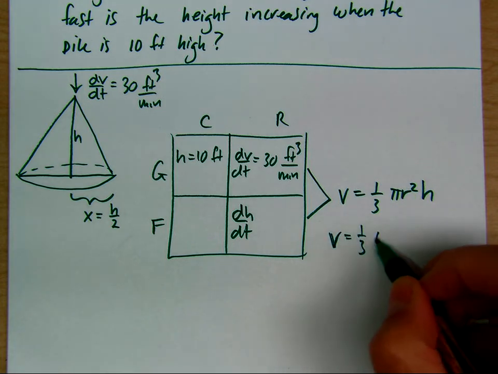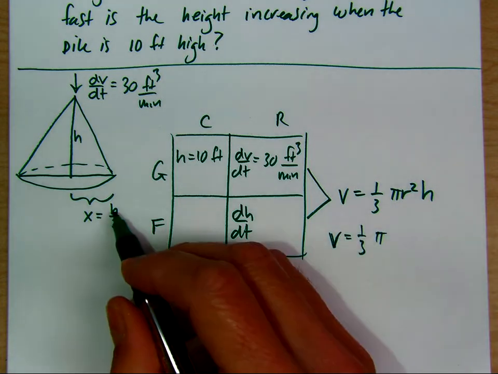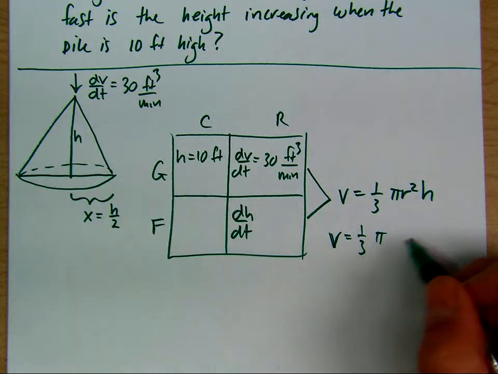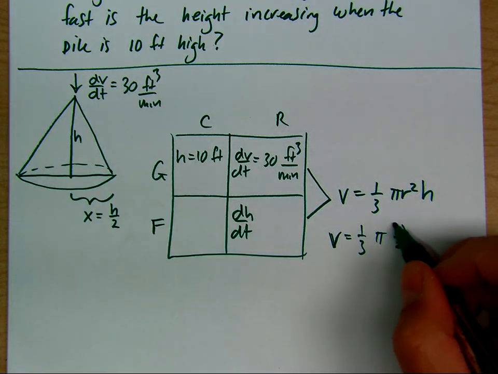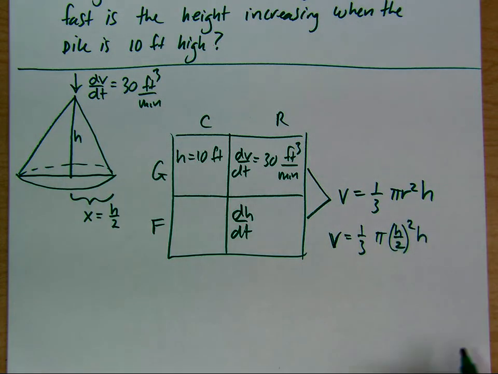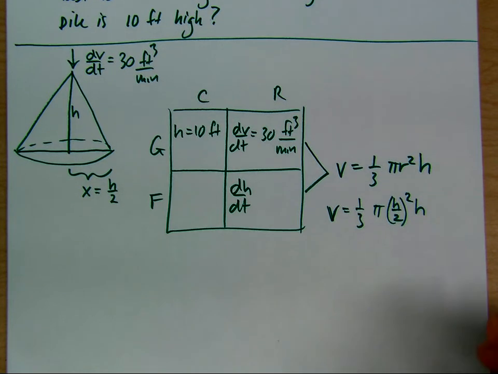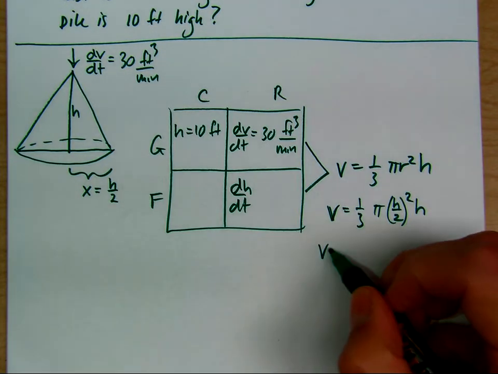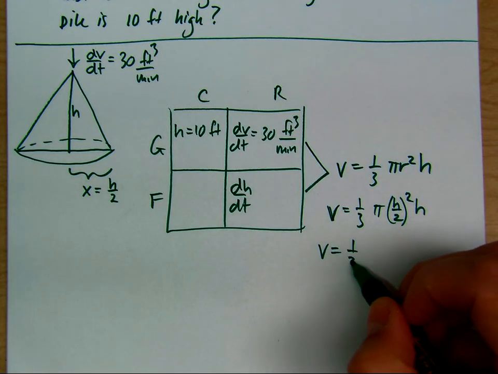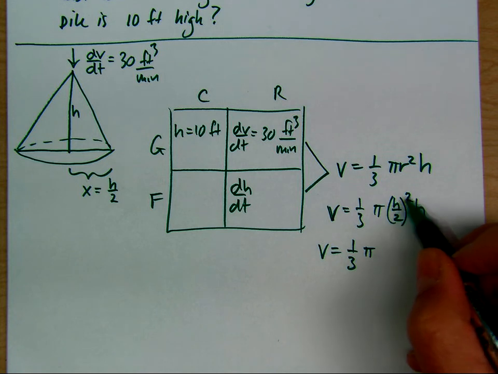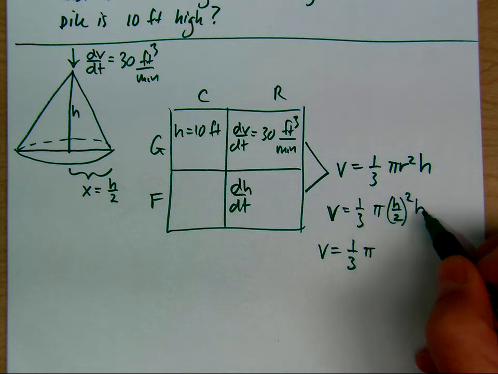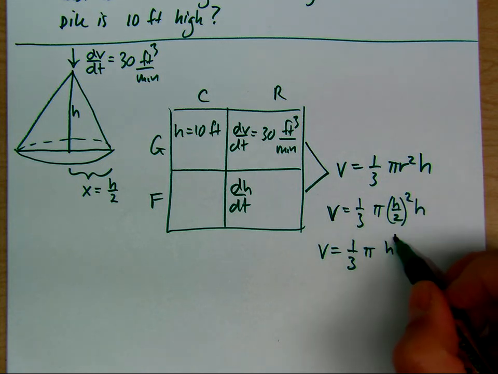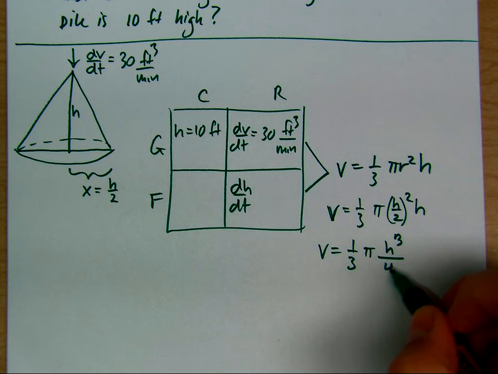We know that the radius is half of the height. So before we find the derivative, this is going to be h squared times h is h cubed over 4, because that's 2 squared.